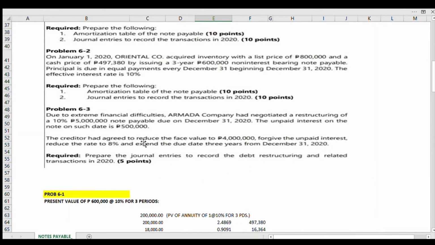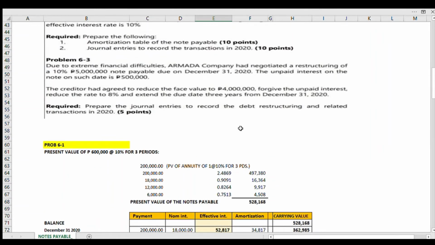So, yan ang mga restructuring. So, that favors the debtor, yung Armada company.